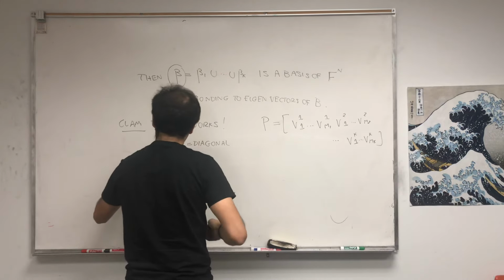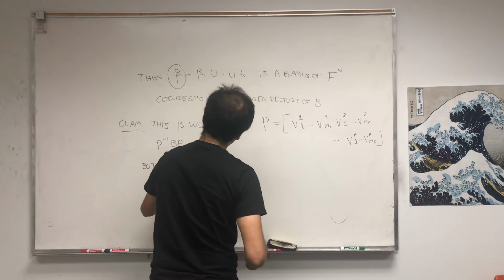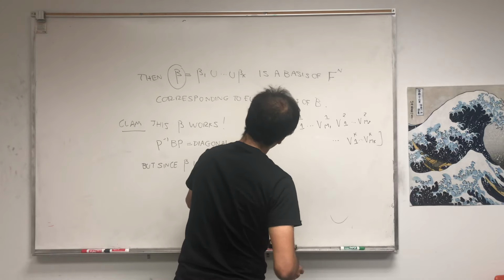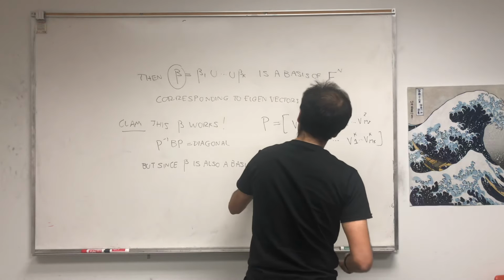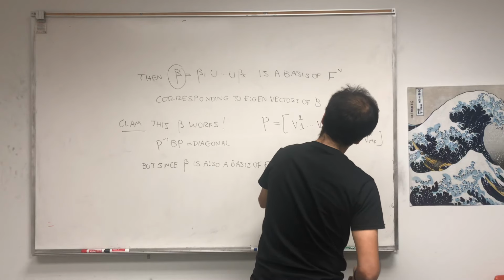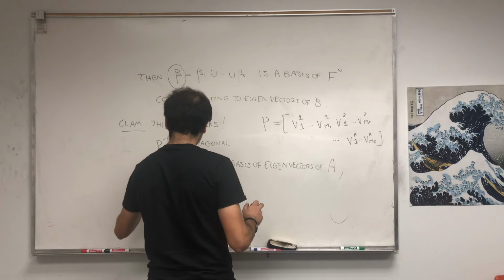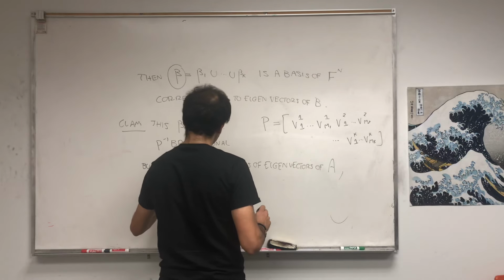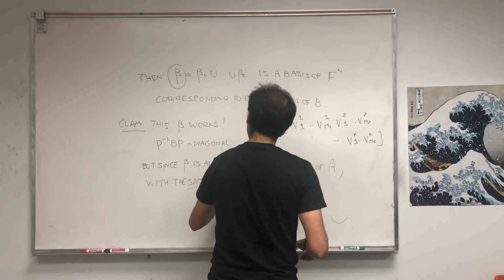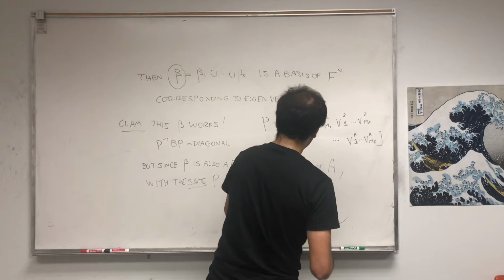But since beta is also a basis of eigenvectors of A, with the same P, that's the important thing, we get P inverse AP is diagonal.